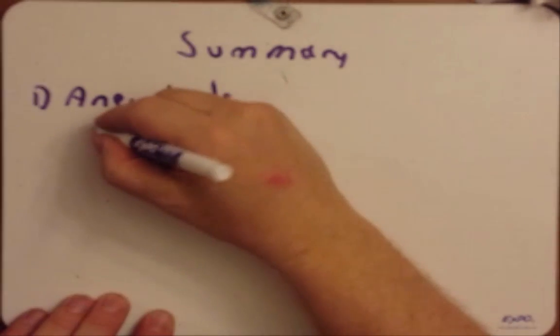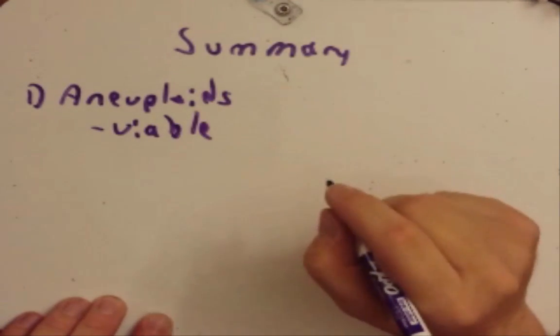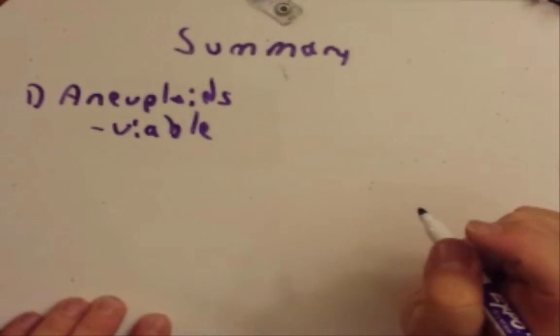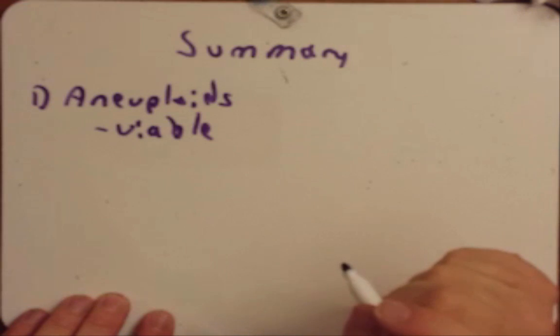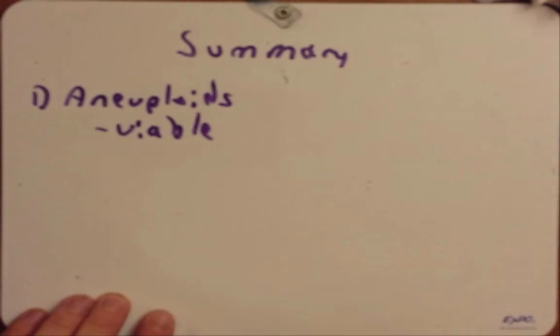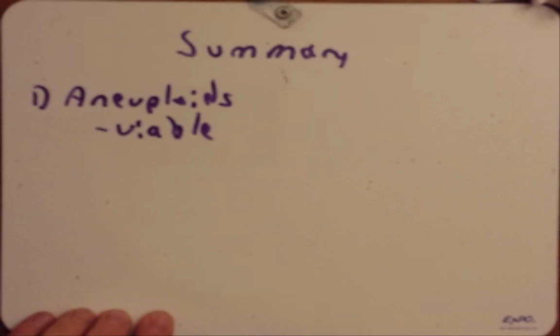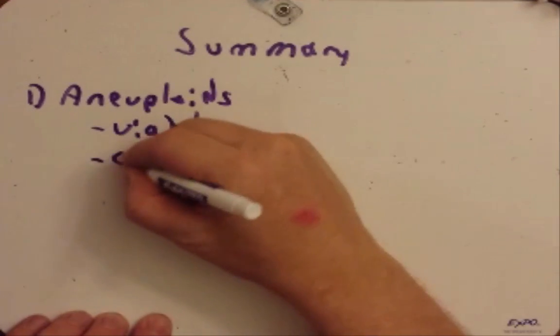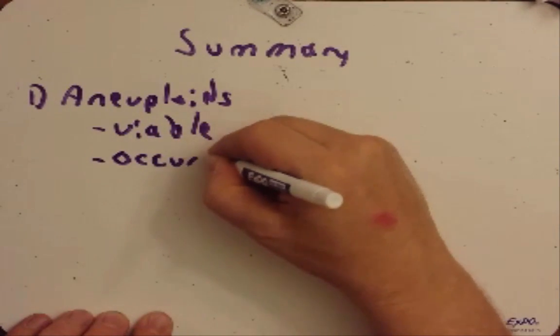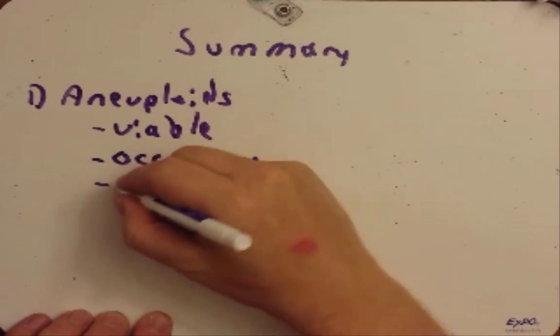You should know the different viable aneuploids, both the autosomes and the sex chromosomes. You should know why they don't survive or do as well. And again, it goes back to the fact that you have so many more genes overexpressed at one time. You should know a little bit about the frequency. How often is this? And some of the risk factors.